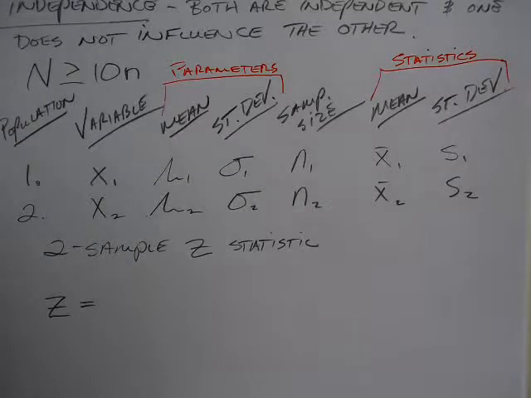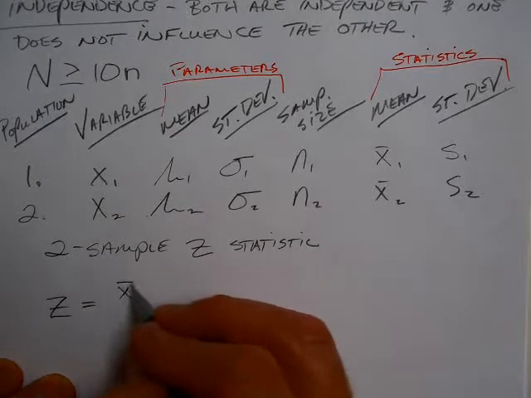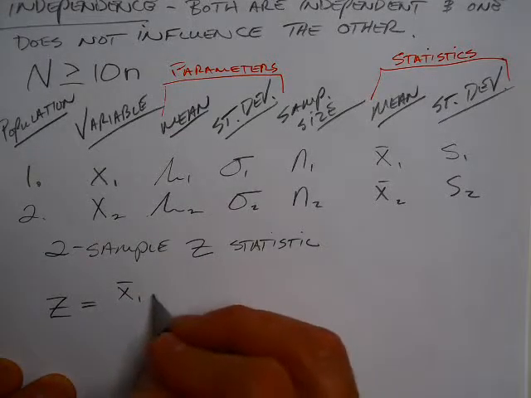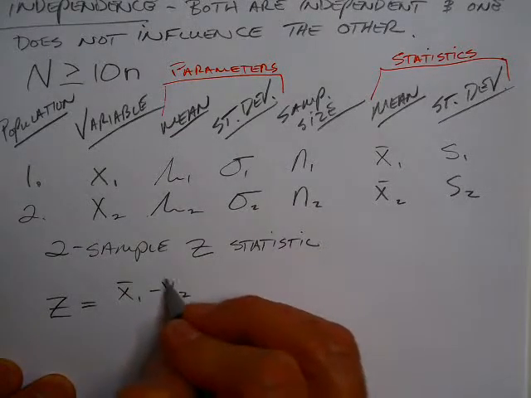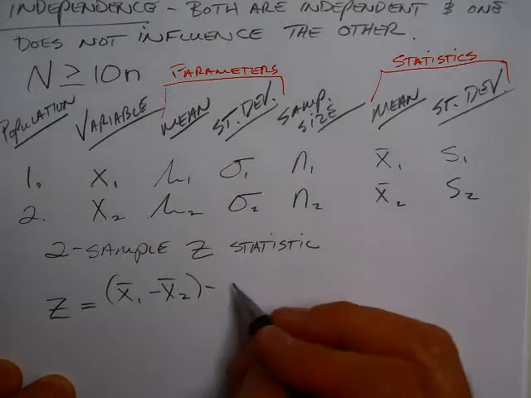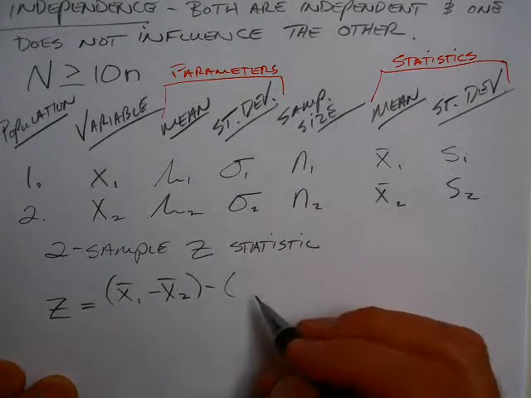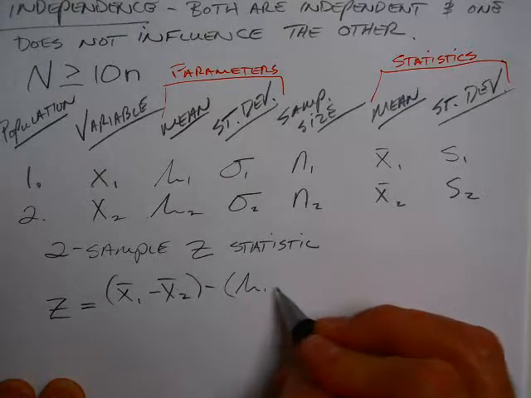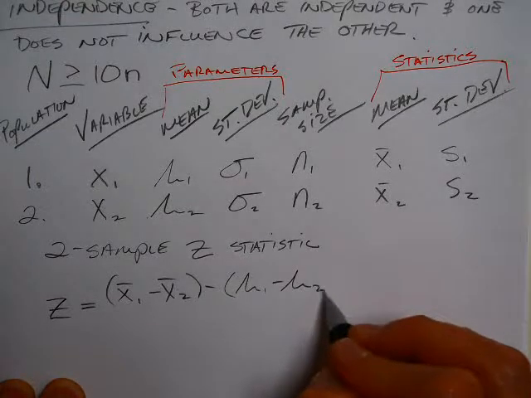Z equals the difference of x bar 1 minus x bar 2, minus the difference in the population means, mu sub 1 minus mu sub 2.